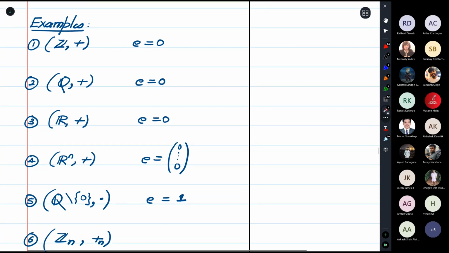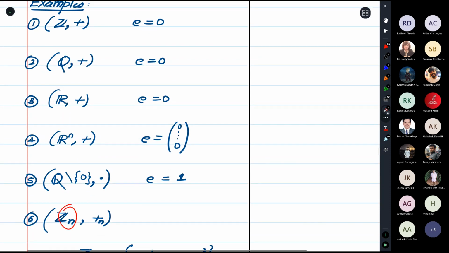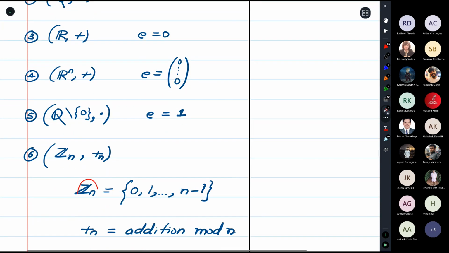Or the set of rational numbers, you remove the zero element and look at the rest of the elements with the usual multiplication operation. And finally, if you look at Zn with the addition modulo n, so Zn over here is a set that includes 0, 1 all the way up till n minus 1, and the operation that you define is the addition mod n.